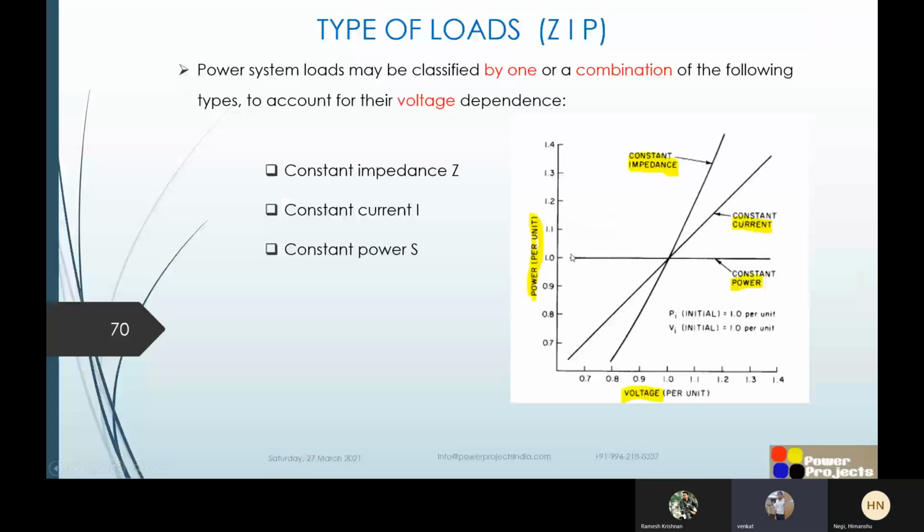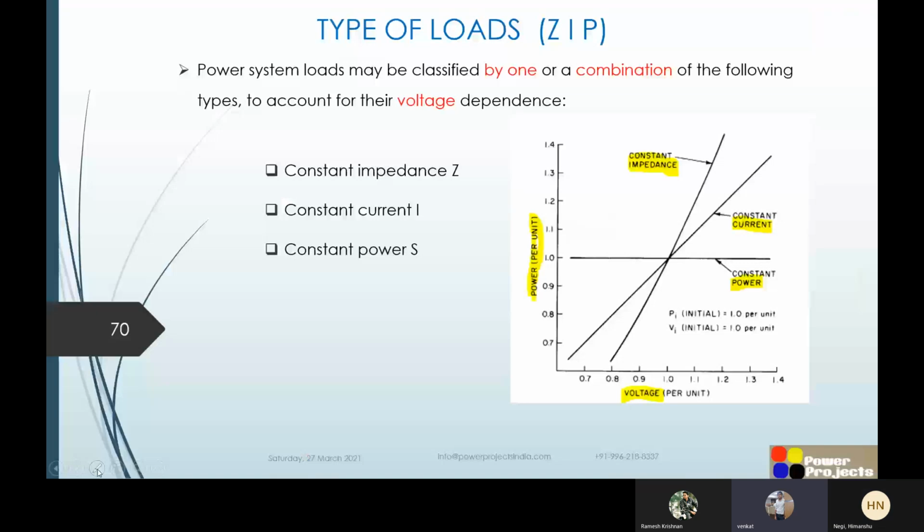And why they have stopped at this point, 0.7? When we model a constant power load in software, they provide some options like, below a certain point of voltage, your constant power load will change into a constant impedance load.